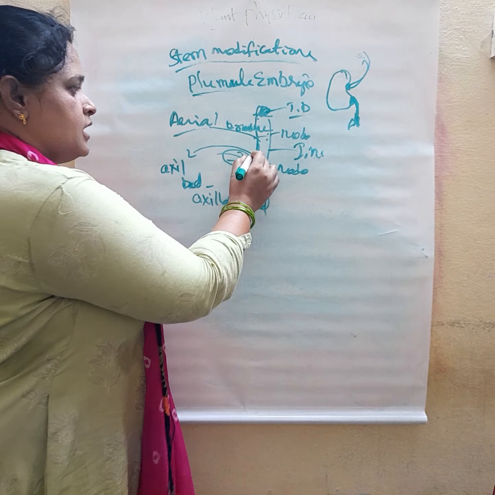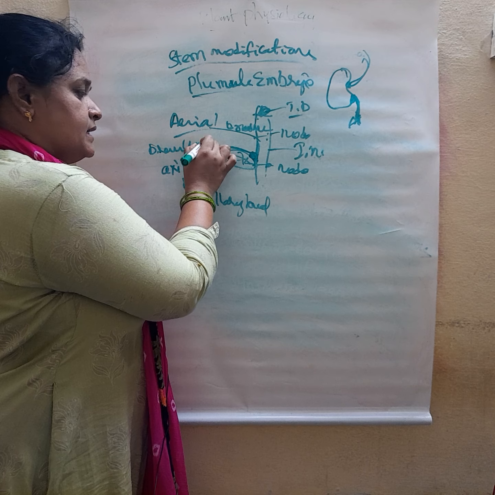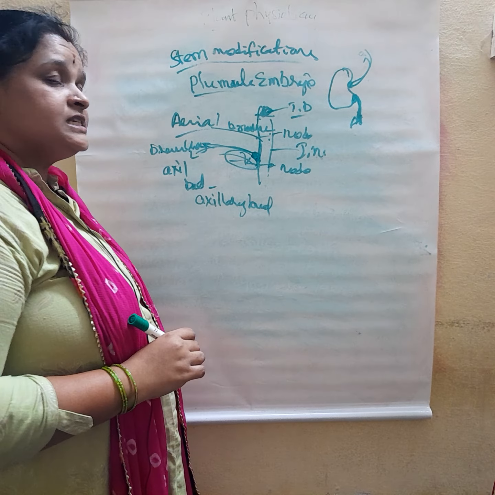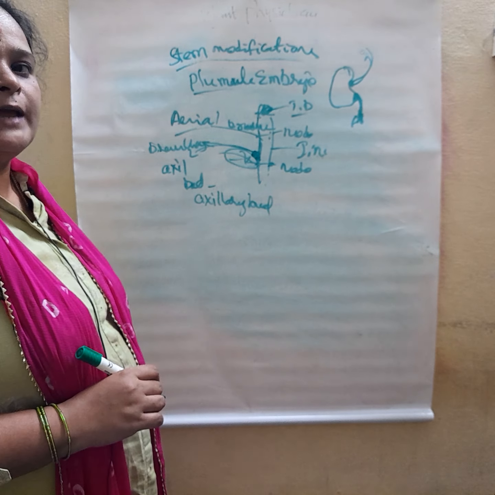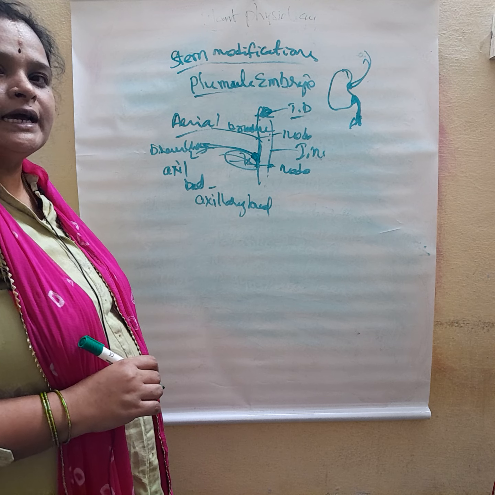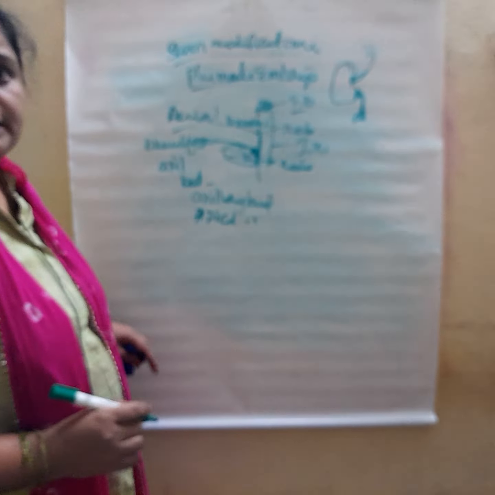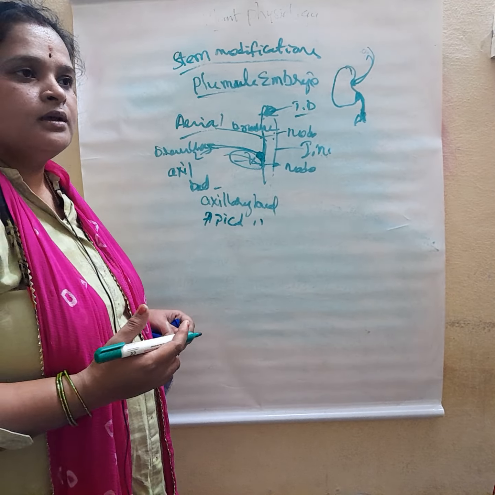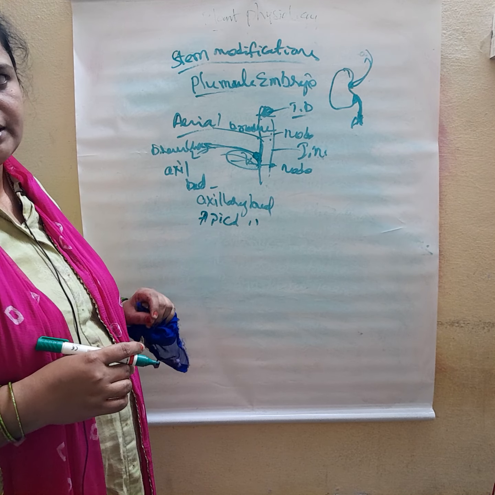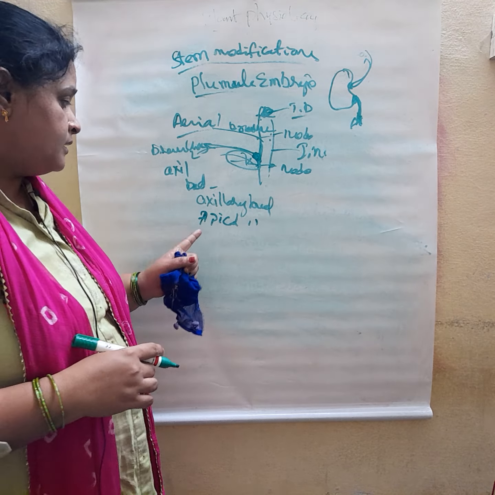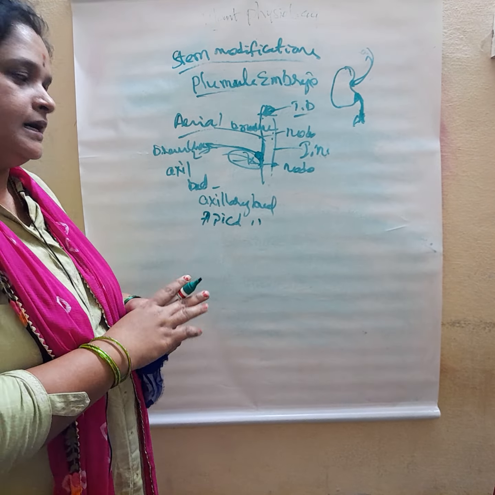From the axillary bud branches develop. So there are two buds, apical bud and axillary bud, and they help the growth of the stem. Side growth is taken by the axillary bud, meaning branches develop from it, and straight growth is taken up by the apical bud.